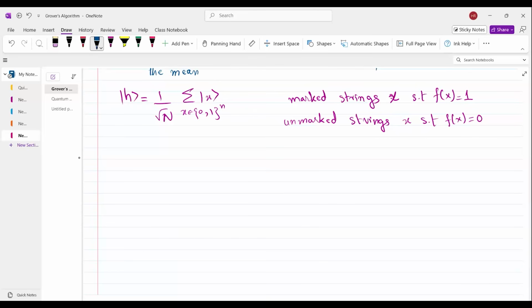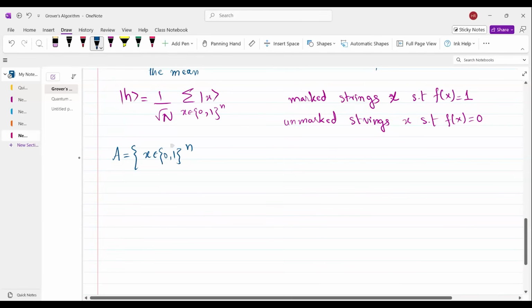And let us call them A, such that f of X is equal to 1. So the set of marked strings.